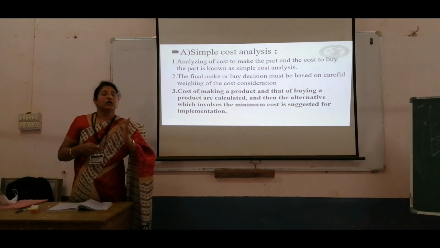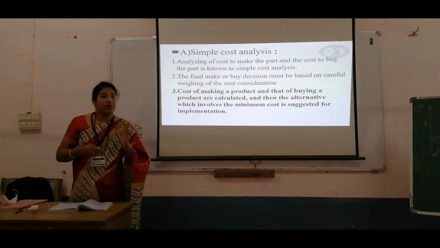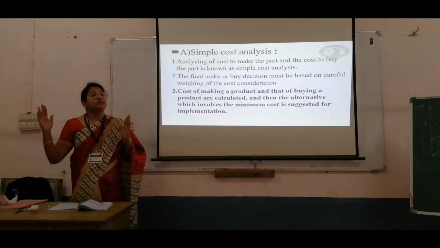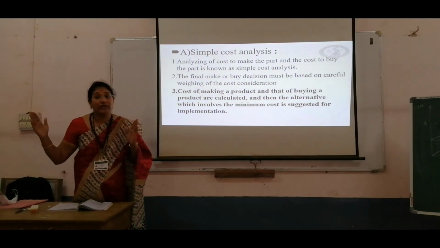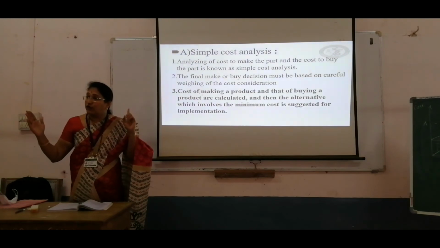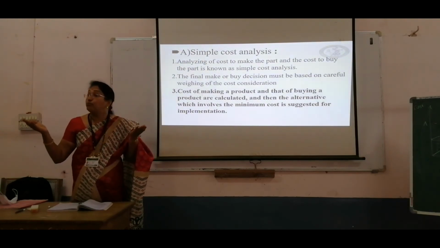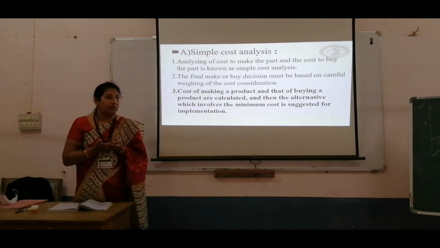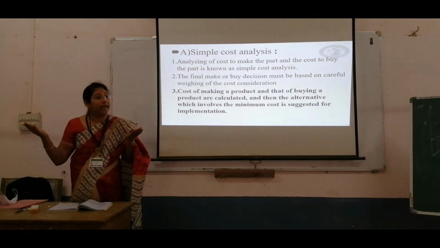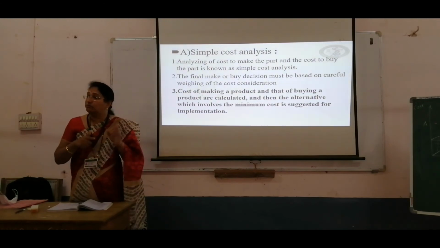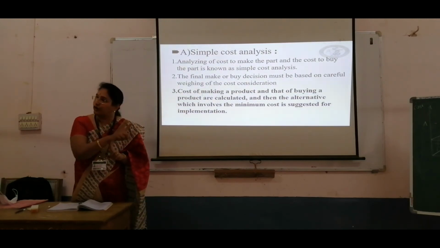First, the cost for making the transformer is calculated and the cost for buying the transformer is calculated. Both are calculated and both are compared. Whichever is minimum cost, if making cost is minimum, then go for make.